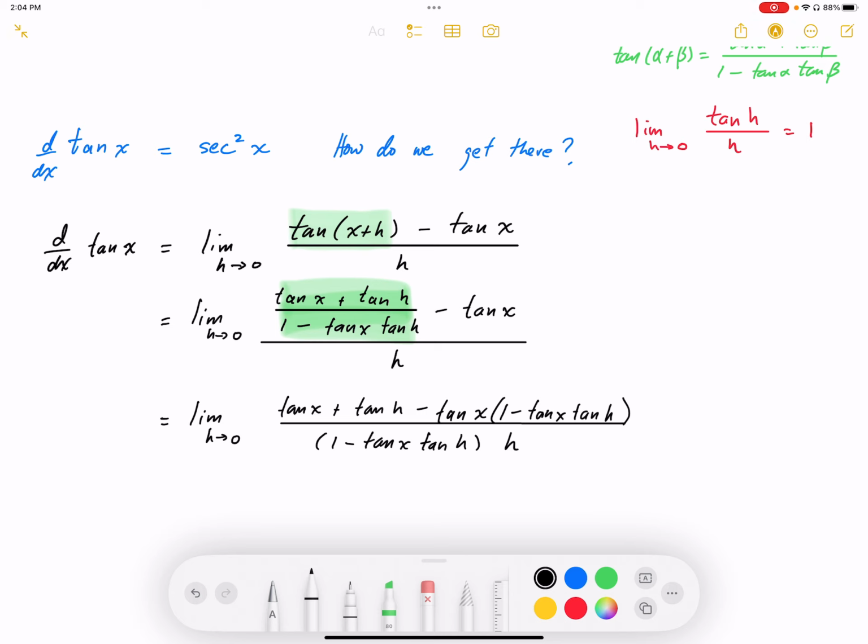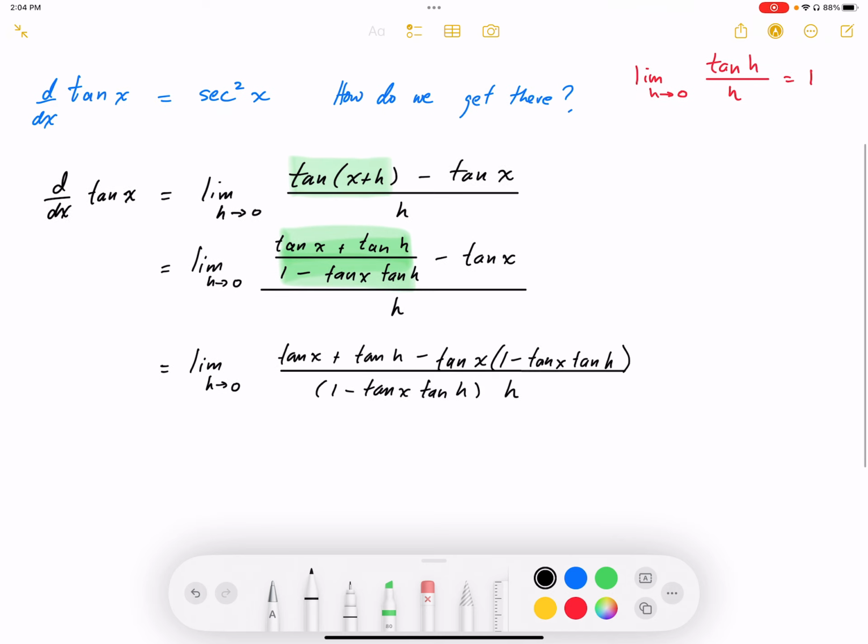Okay, so I've got now this expression. I can expand those brackets and I can get rid of that. I end up generating a minus tan x, which is going to cancel with a tan x. So this is kind of what we want.